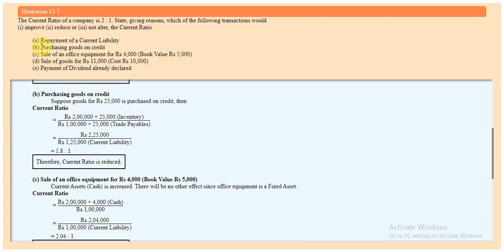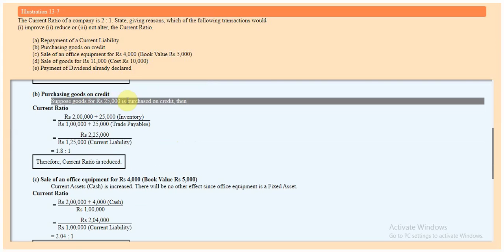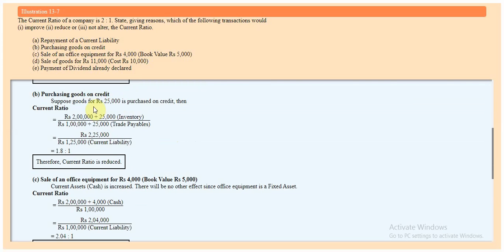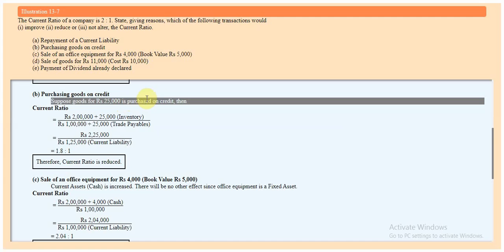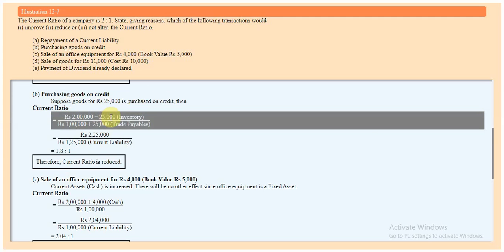Now the second case is purchasing goods on credit. So they are not purchasing goods for cash, they are purchasing goods on credit. So goods of 25,000 are purchased on credit. So then what happens? Current assets have to be increased by 25,000 because inventory comes in, and current liabilities have to be increased by 25,000 because trade payables are also created as you have purchased on credit.